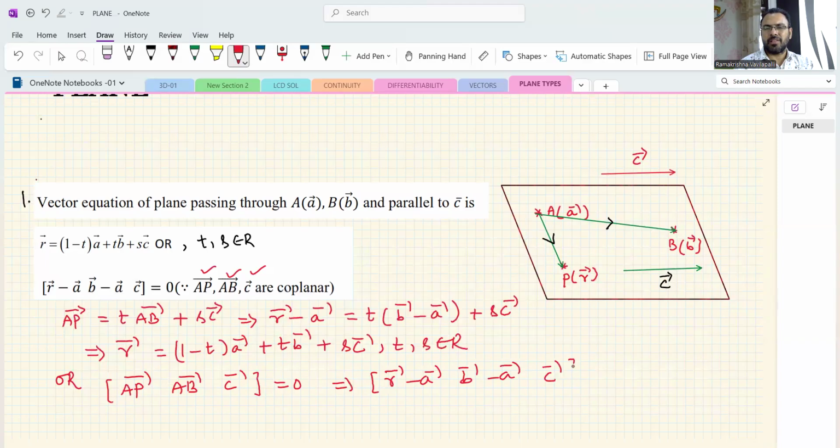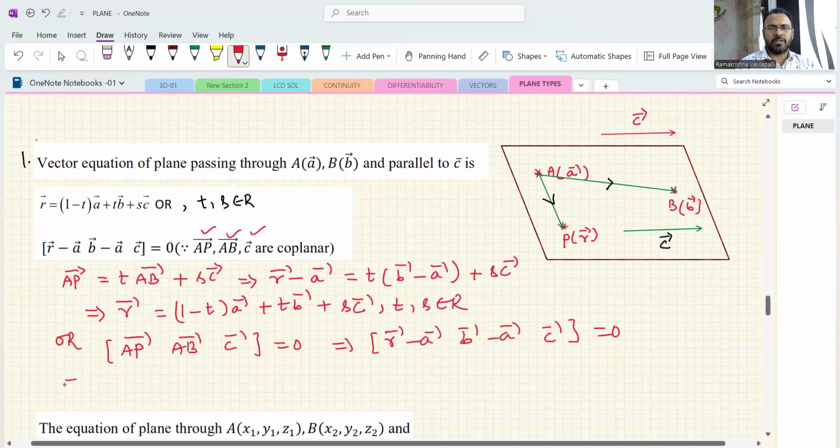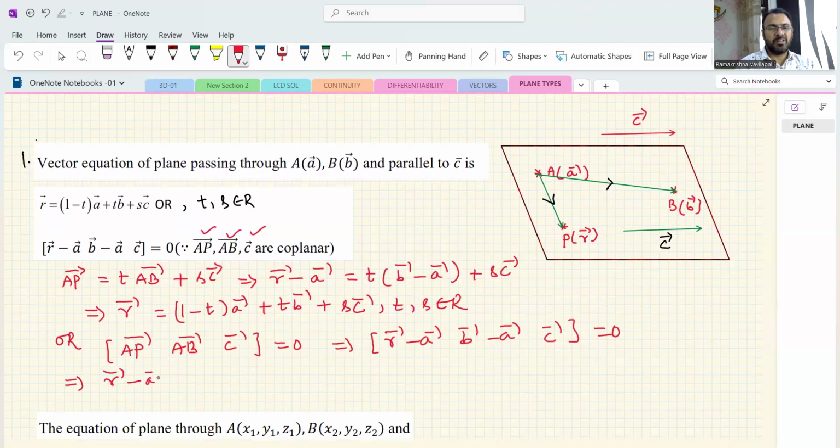Further, you can write several expressions which can be deduced from this. If you want, you can write R bar minus A bar dot (B bar minus A bar) cross C bar equal to 0.